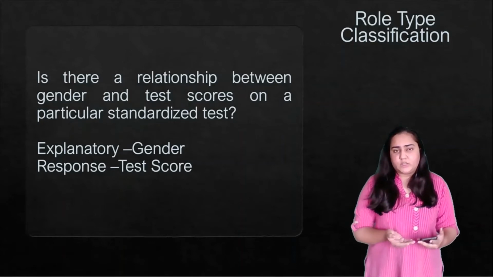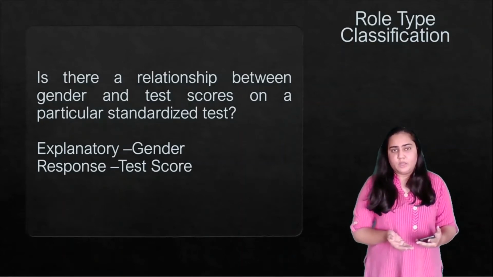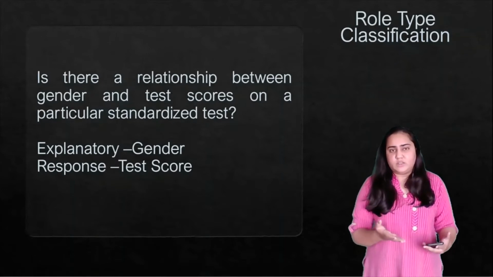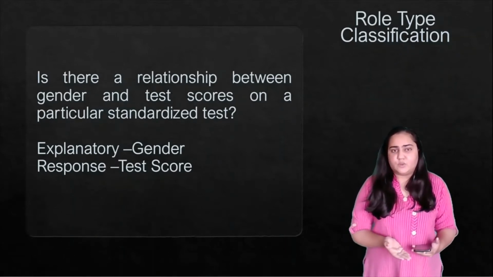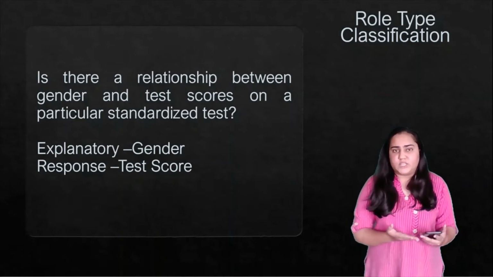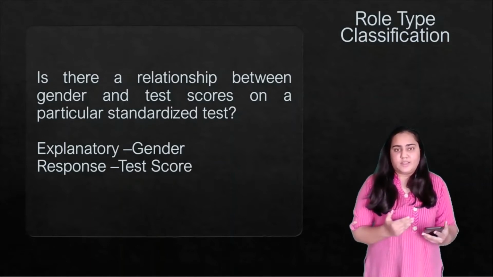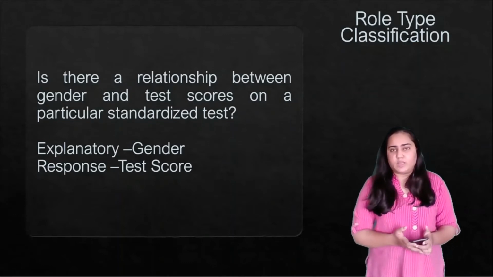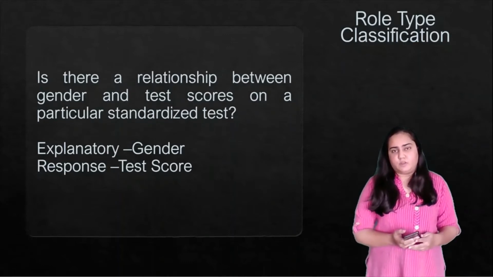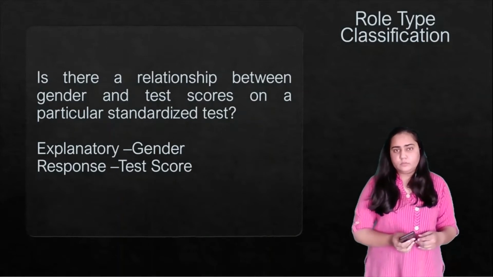But based on the gender, you want to predict a person's test score. So can you predict a person's test score given the gender? That means gender is explanatory, but test score is the response variable. Gender is independent, and test score we are trying to predict based on gender. So test score is a dependent variable in this question.